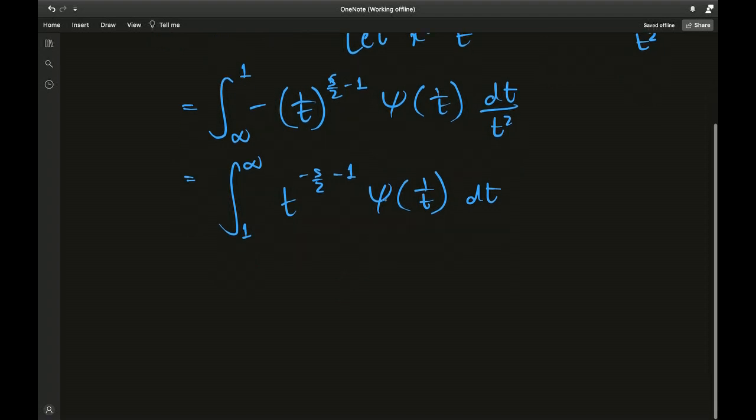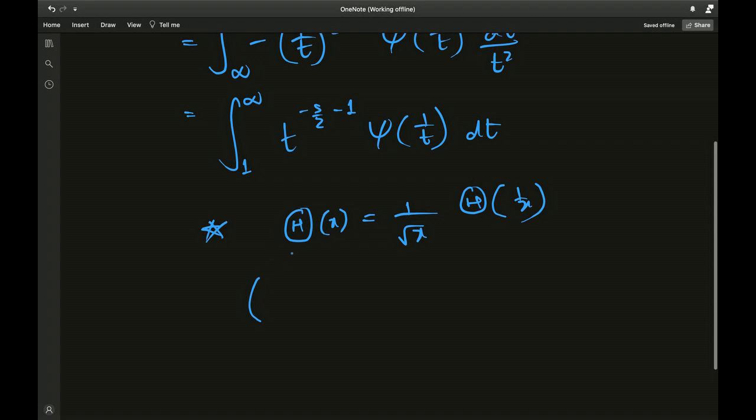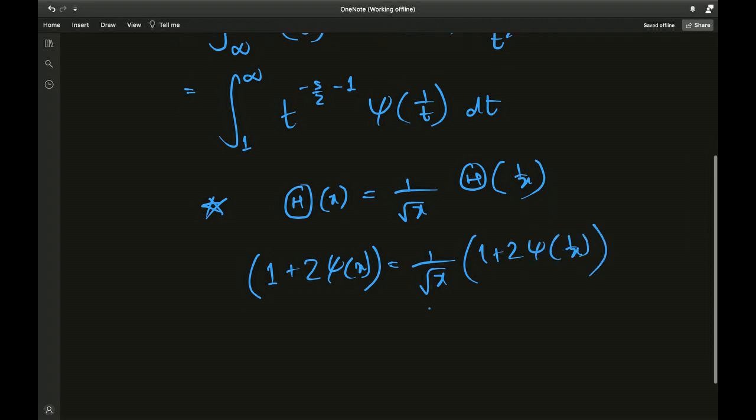Now psi was related to the Jacobi theta, and if you remember the functional equation of the Jacobi theta, Jacobi theta of x was 1 over square root of x times the Jacobi theta of 1 over x. But Jacobi theta, if you remember what I did on the previous page, can be expressed as 1 plus 2 times psi of x, and I can do that on all sides: 1 plus 2 times psi of 1 over x, this time because of the argument change.